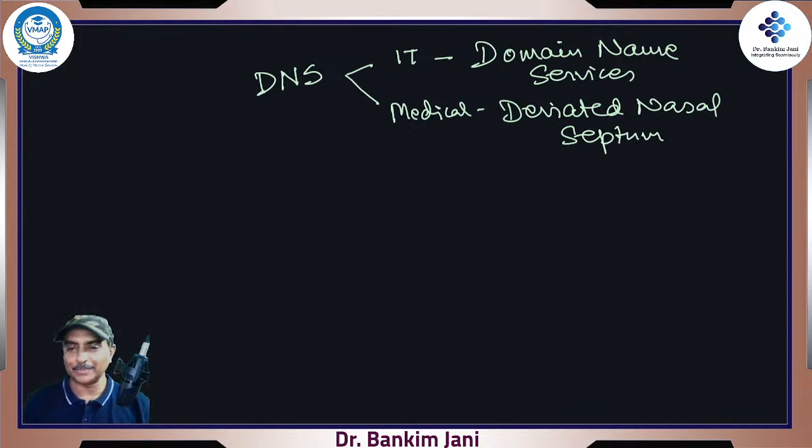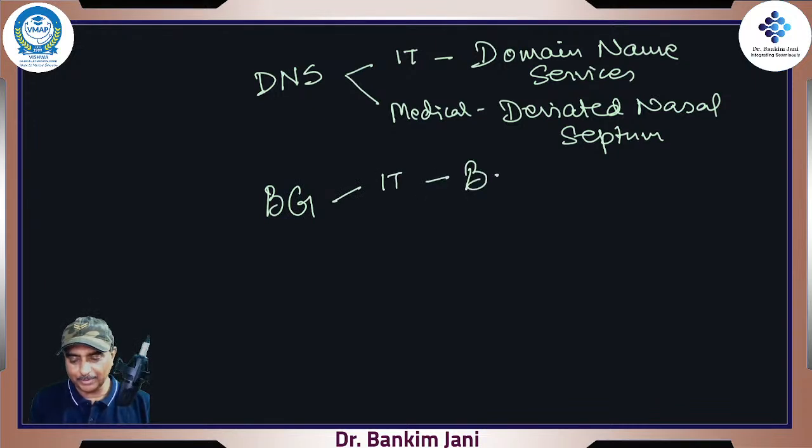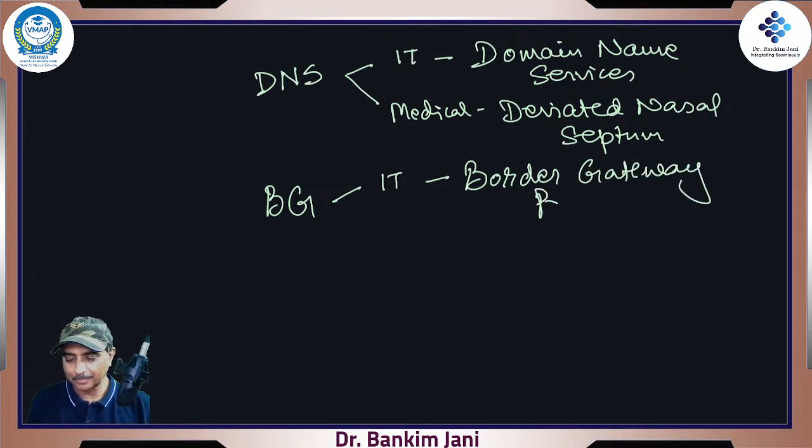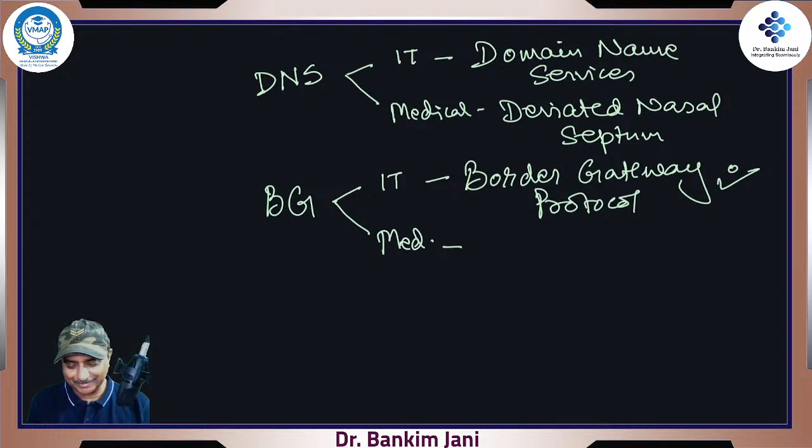Whether it is a coincidence or what, in IT, BG is the border gateway protocol. One of the toughest, very tricky ones. And in the same way, in medicine, BG is basal ganglia.